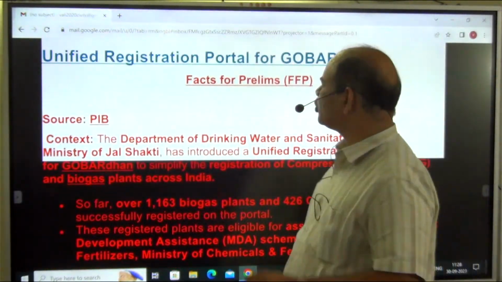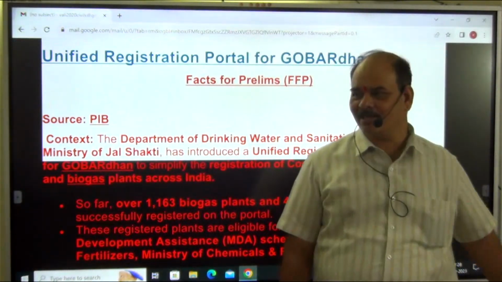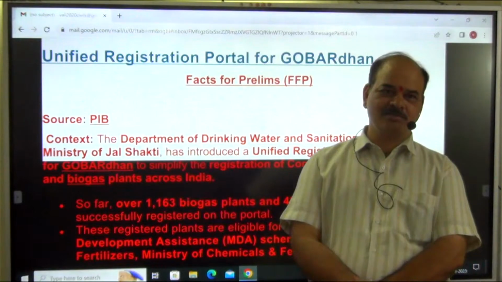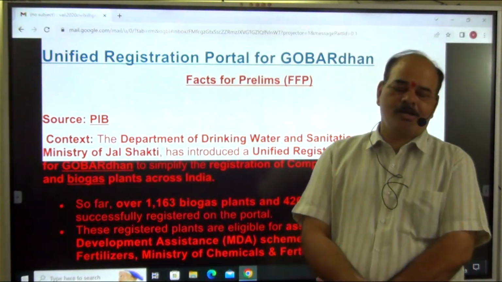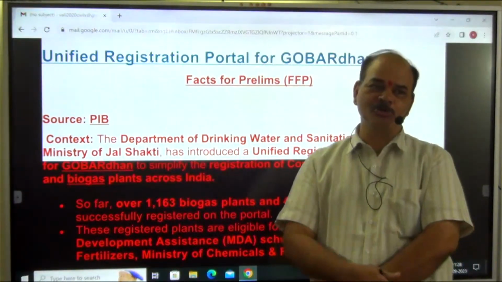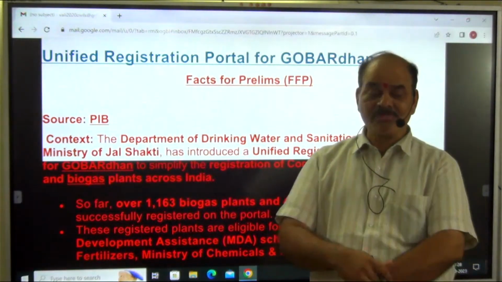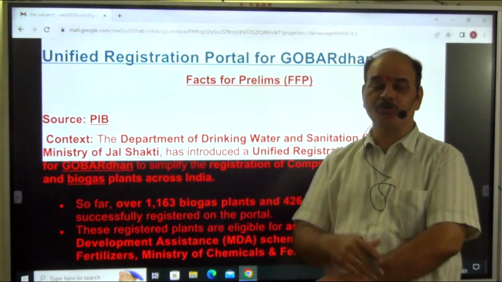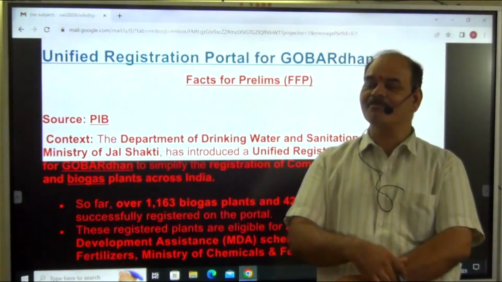Unified registration portal for Govardhan. See, by using cow dung, we are manufacturing biogas, and biogas has residue. After getting the gas, you will have the residue that can be used as manure, which is organic manure.